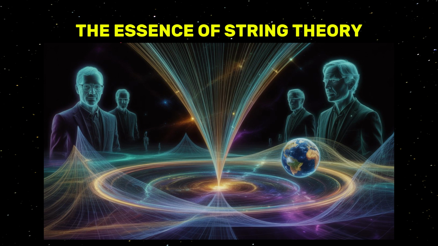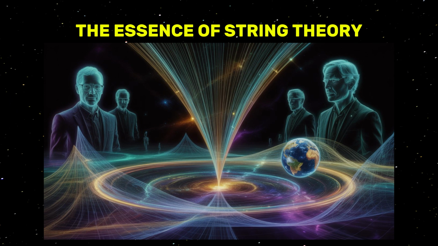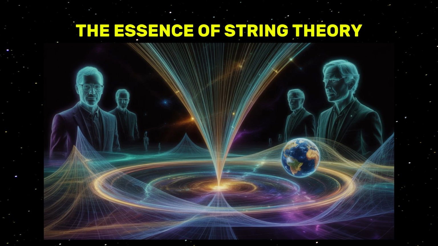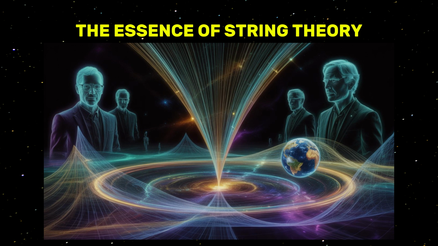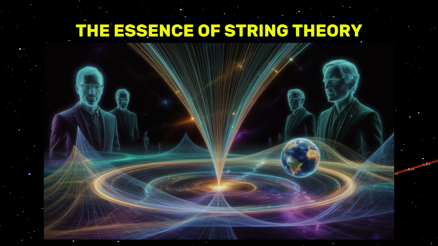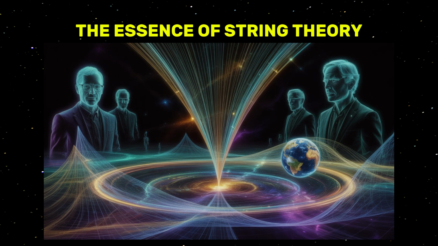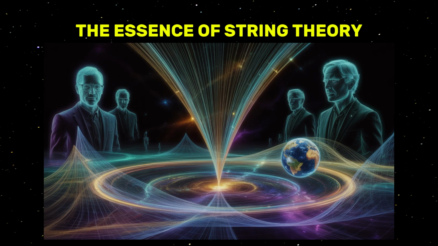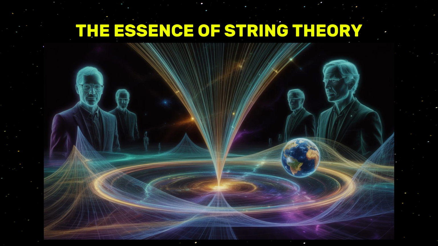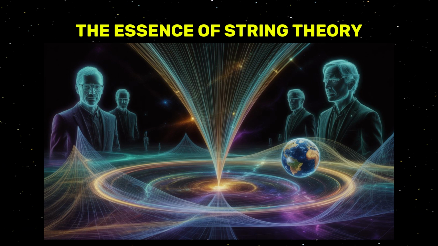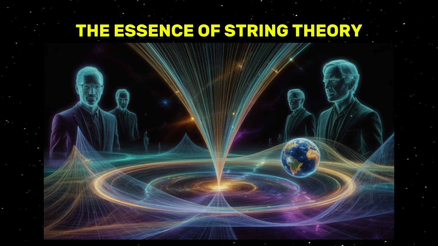As the theory evolved, physicists sought to refine it further, leading to the development of superstring theory in the 1980s. This new version introduced the concept of supersymmetry, a proposed symmetry between particles that carry forces, such as photons, and those that make up matter, like electrons. Supersymmetry added stability to the equations, allowing for more consistent models.